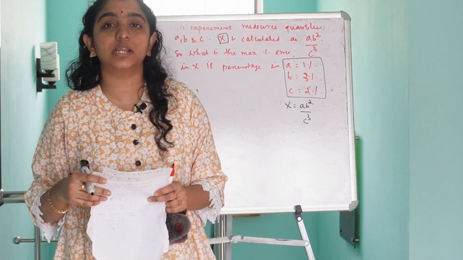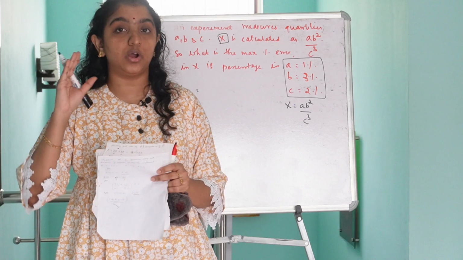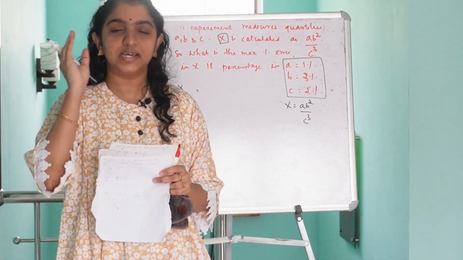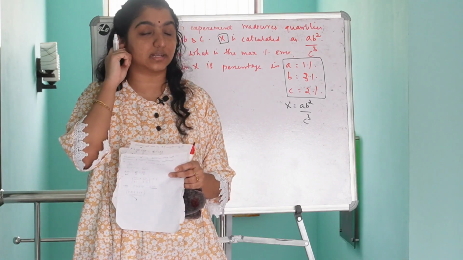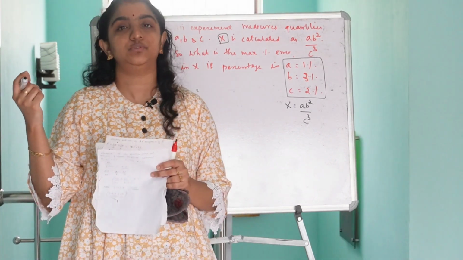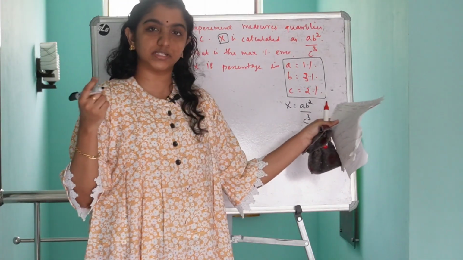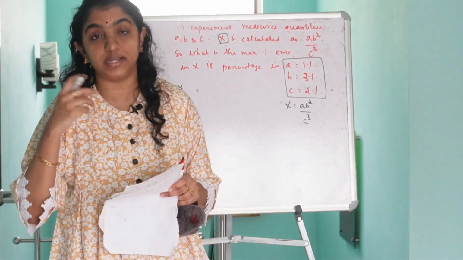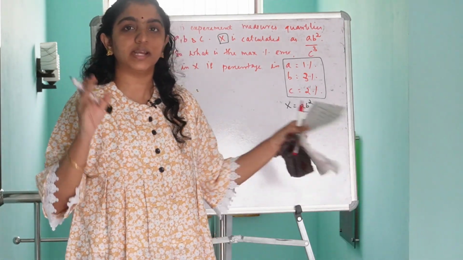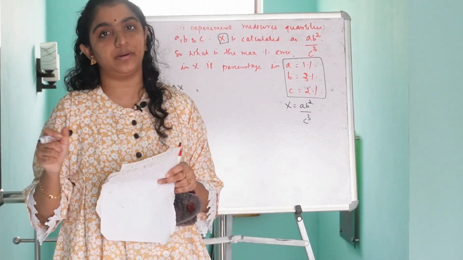In all of these three operations, we consider relative error, isn't it? The relative error of the resultant depends on the relative error of individual measurements, because the operations involved here are not addition or subtraction, but multiplication, division and power.